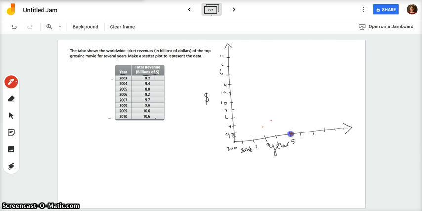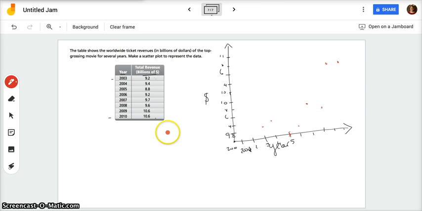That's probably closer down here. 2006 is 9.2. 2007 is 9.7. 2008 is 9.6. 2009 is 10.6. And 2010 is 10.6.